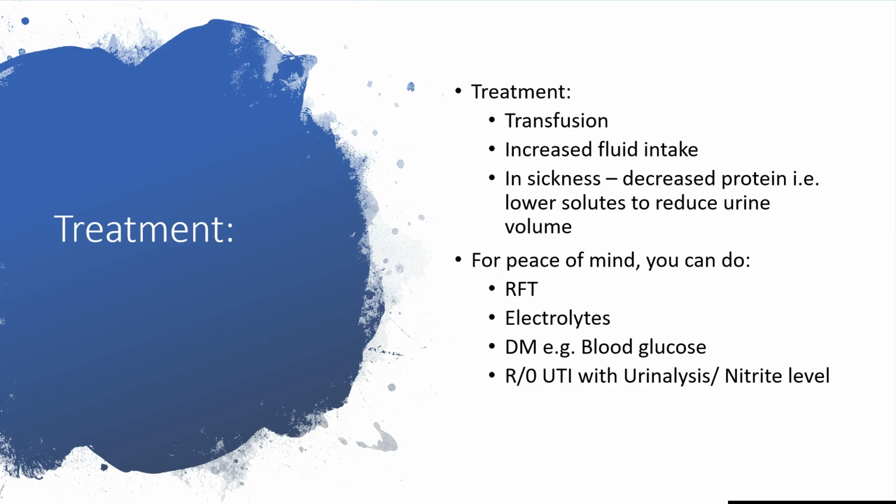So do your renal function test. Be sure this is not nephrogenic diabetes insipidus. Have your electrolytes done and do your glucose level so as to be sure this is not a result of diabetes mellitus. You can rule out urinary tract infection with urinalysis and finding out what the nitrite level is.